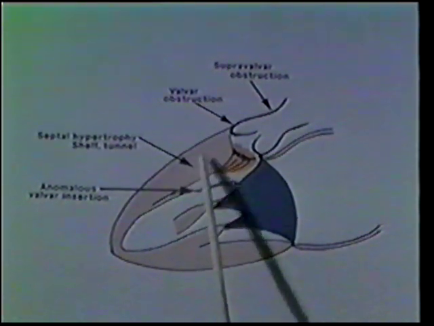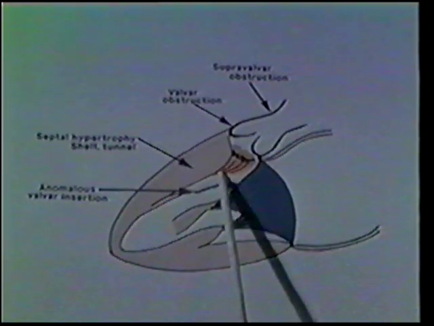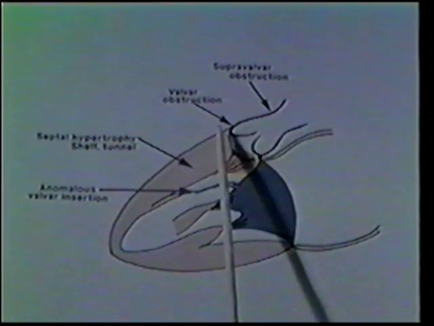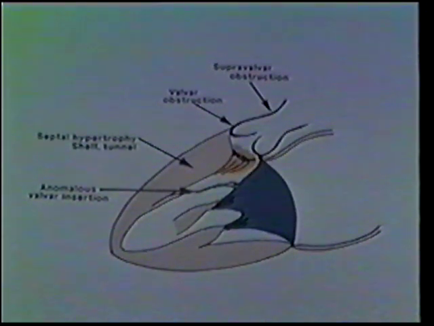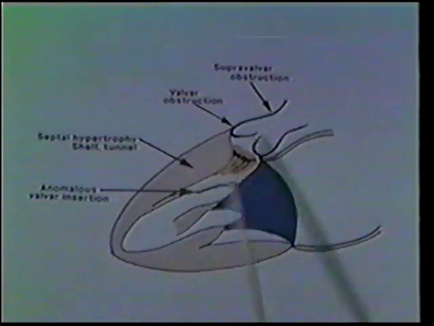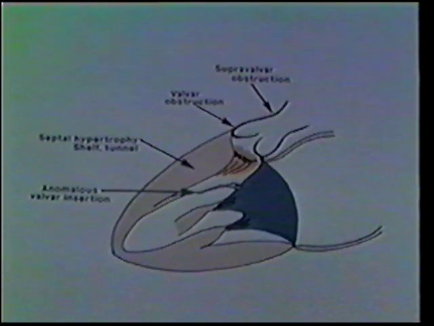Can be due to septal hypertrophy, can be due to a shelf or tunnel type of lesion, can be due to valvular obstruction due to malformation of the valve itself, or supravalvular, so-called supravalvular obstruction.